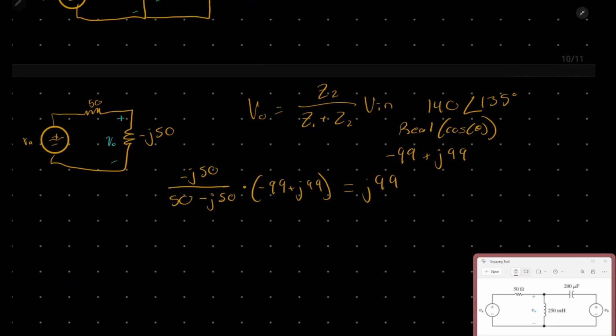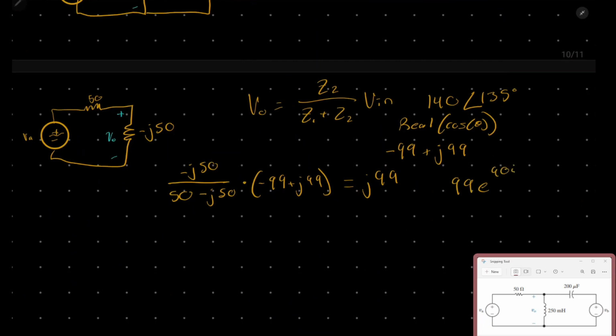So if you take your 99i, and then you go to Math, Complex, and then all the way down to number 7, which is polar, it'll convert it into a form that looks like this, 99 e^(90i).